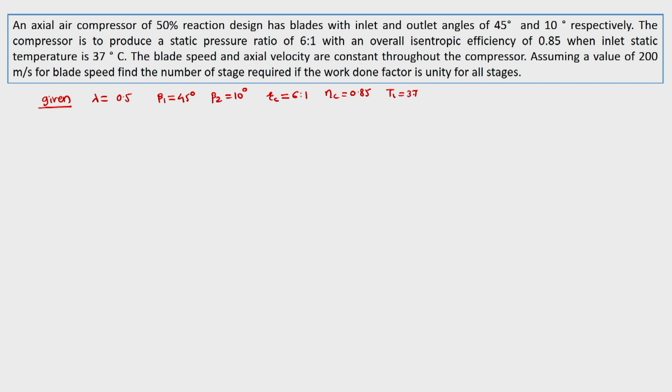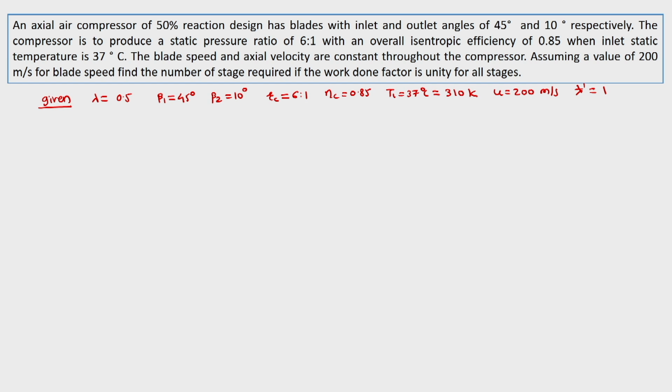T1 is 37 degrees Celsius, which is equal to 310 Kelvin. We are told that U is equal to 200 meter per second and lambda dash is 1, which is work done factor. So we have to find out in this example the number of stages required.